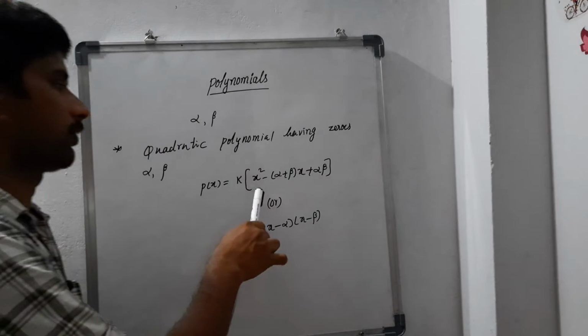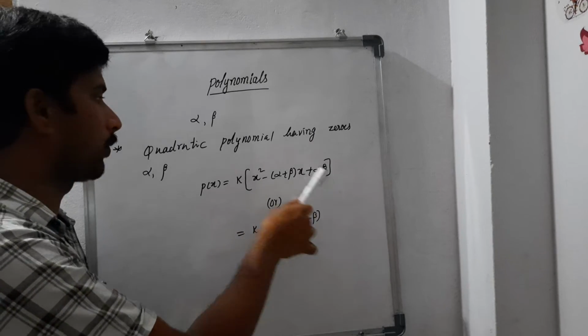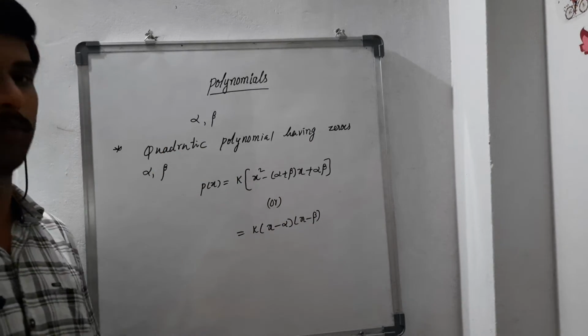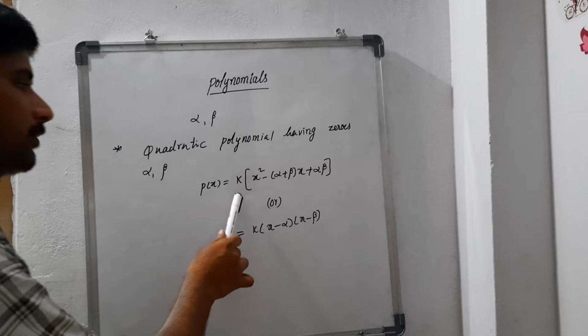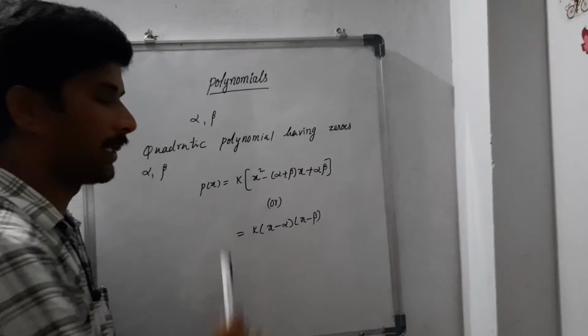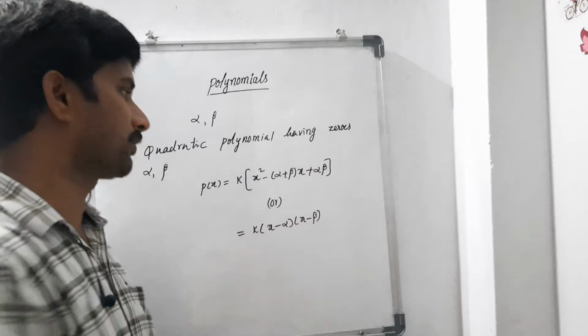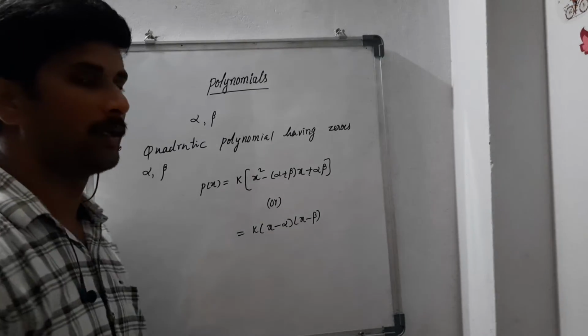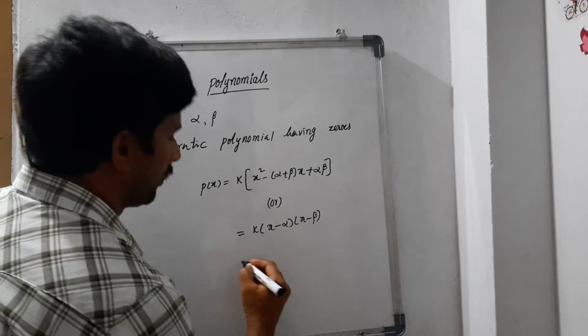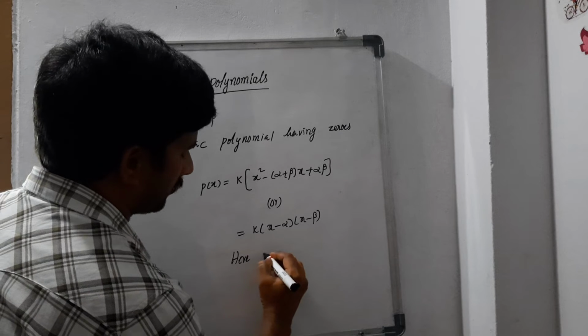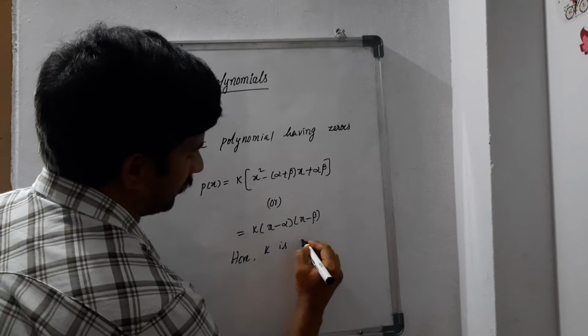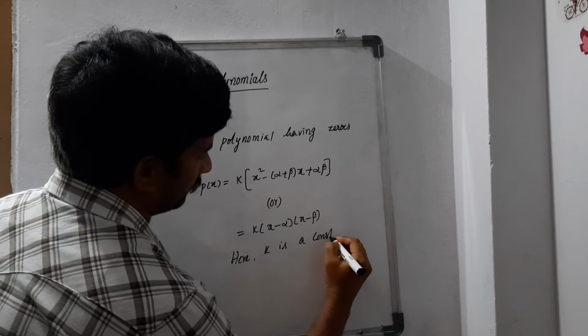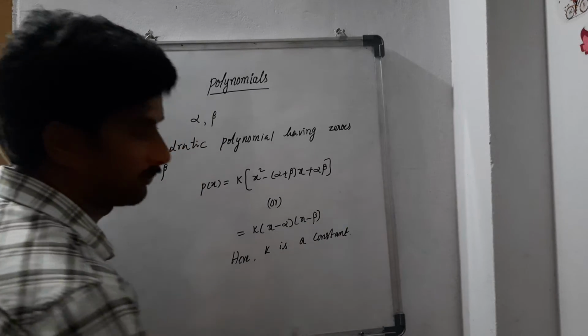So this is the quadratic polynomial whenever alpha and beta are given. Here k is a constant. Clear?